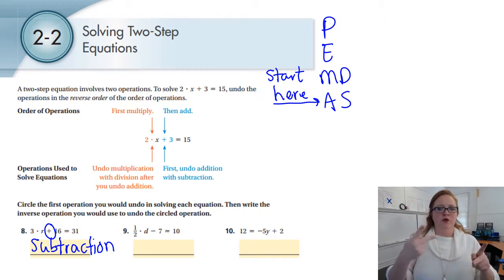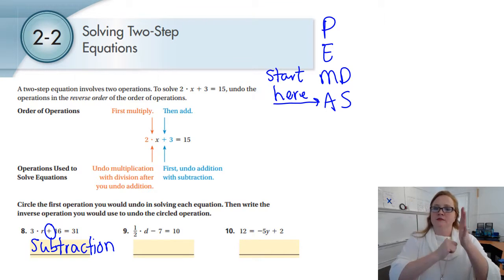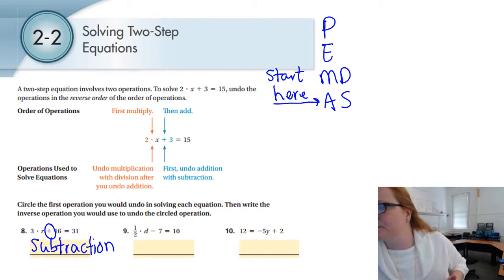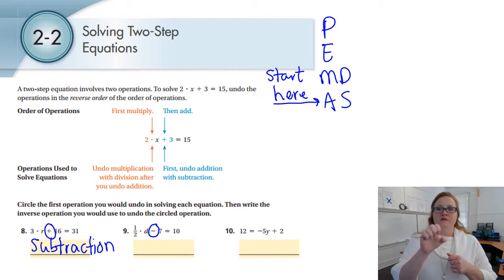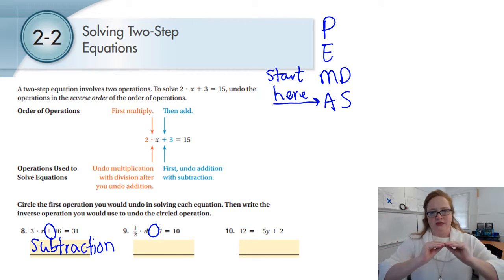Number 9, 1/2 times d minus 7 equals 10. Which operation would you undo first? Right, subtraction. The inverse operation of subtraction is addition.